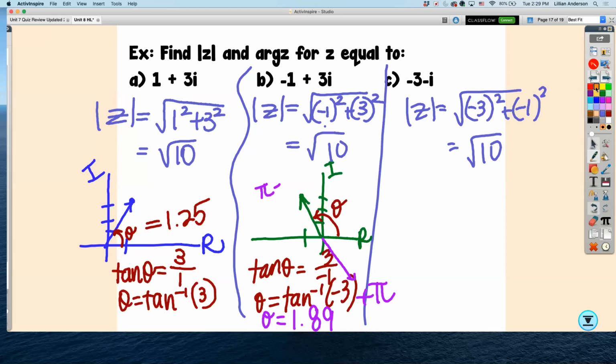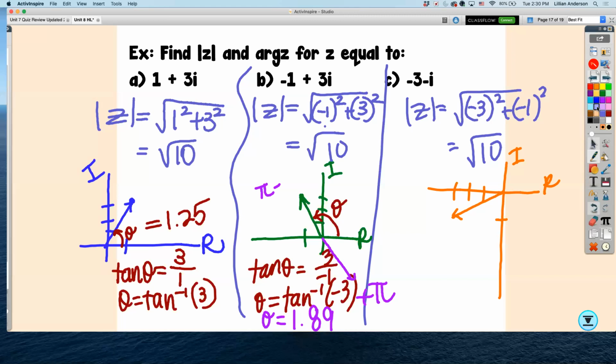What about negative 3 minus i? Oh, what quadrant? Yeah, third quadrant. So negative 3 on my real, negative 1 on my imaginary. So my angle for theta is actually going to be clockwise or counterclockwise?